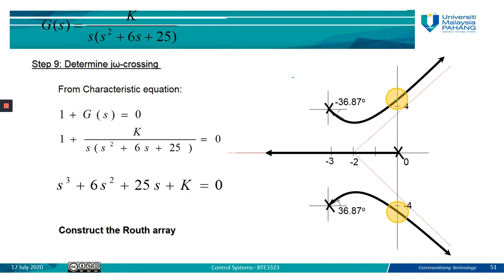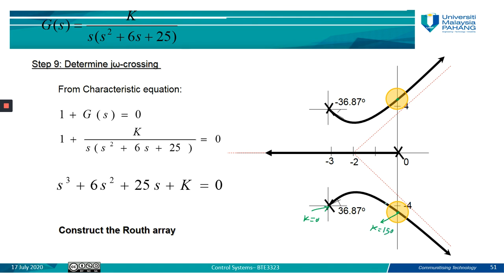When the root locus starts, k equals 0. When the root locus crosses the imaginary axis, based on our solution in the Routh table, we found k equal to 150.